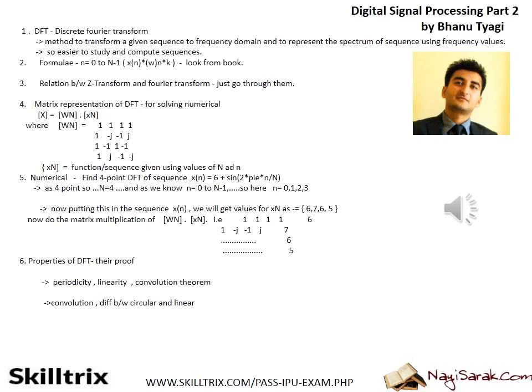Whatever the particular sequence is following can be represented by discrete frequency values. This was the main motive of the discrete Fourier transform, so that any sequence can be converted into the frequency domain and represented by discrete frequency values, making it easier for us to understand.